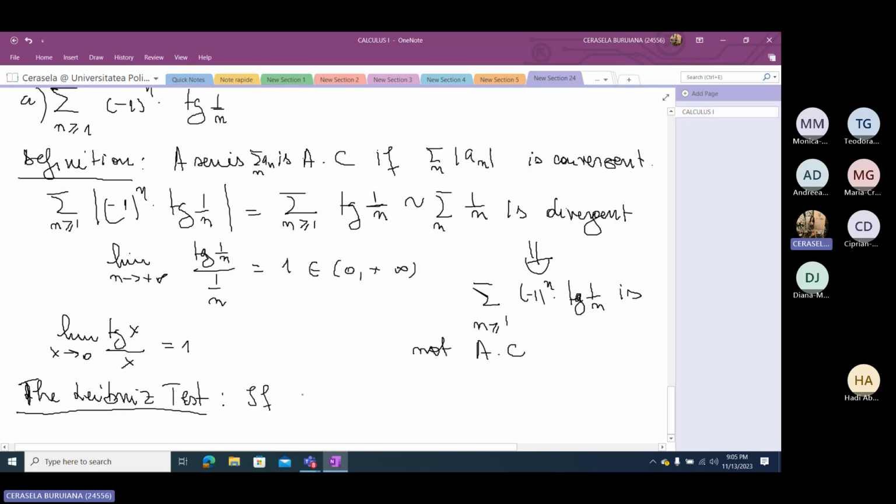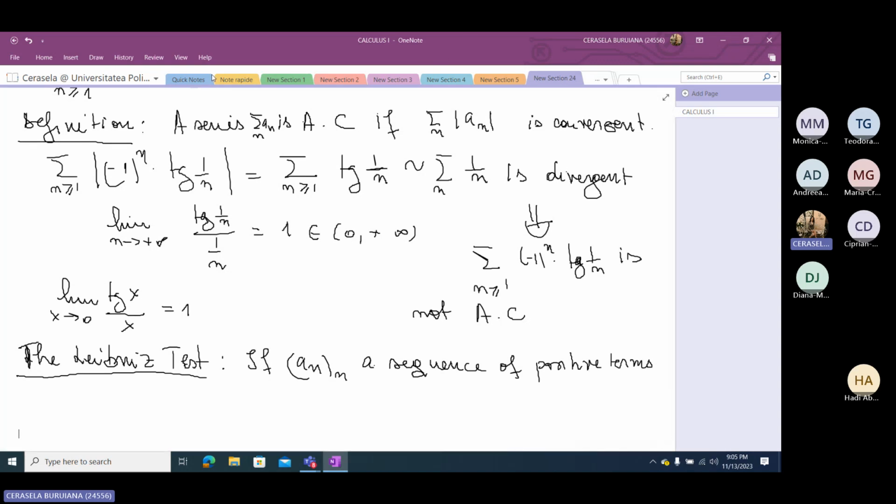Well, if we have a sequence a_n of positive terms, decreasing, very important, decreasing, and with the limit 0, then the alternating series is convergent.